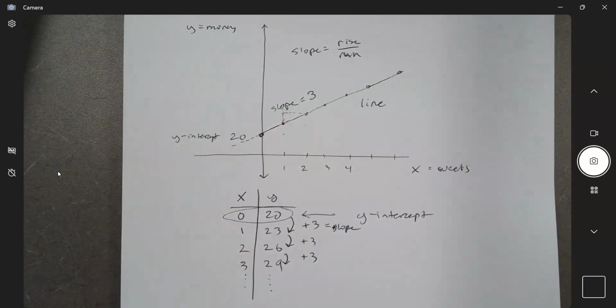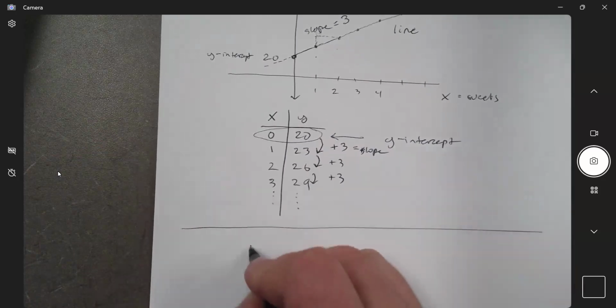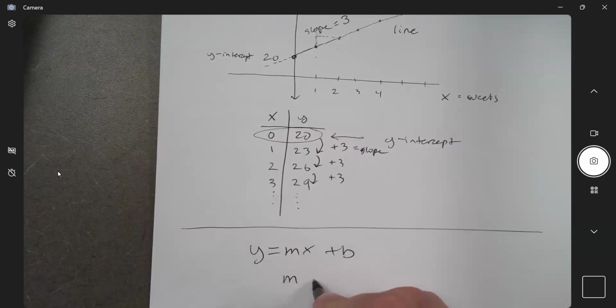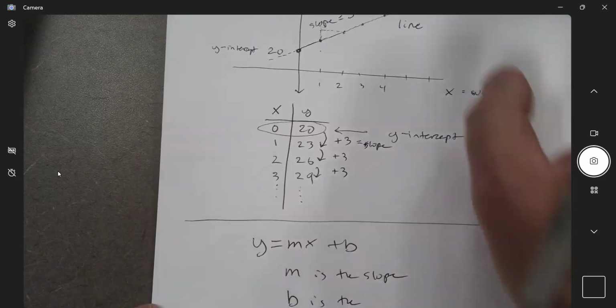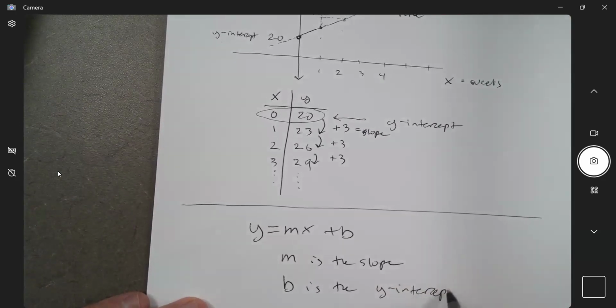And the very most general form for writing a linear function is y equals mx plus b, where m is the slope, b is the y-intercept.